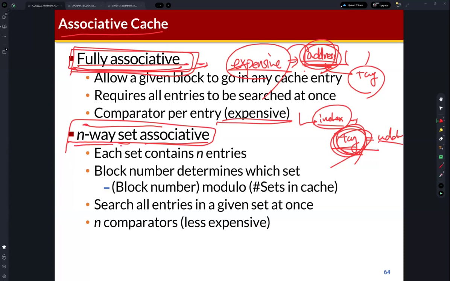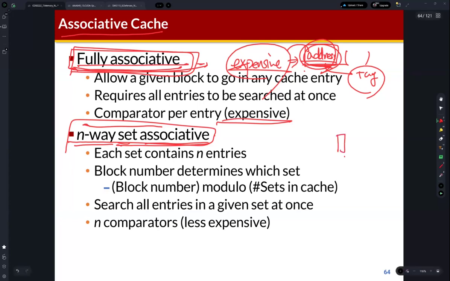So what is the problem of the direct mapped cache? One cache block is mapped to multiple memory blocks, right?